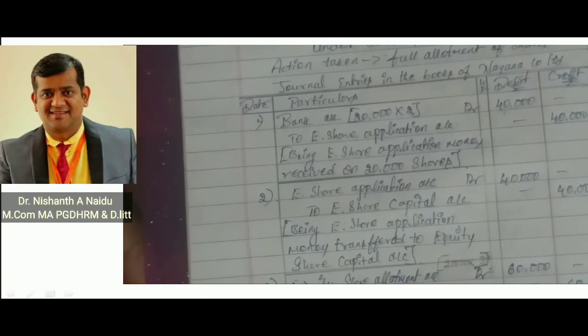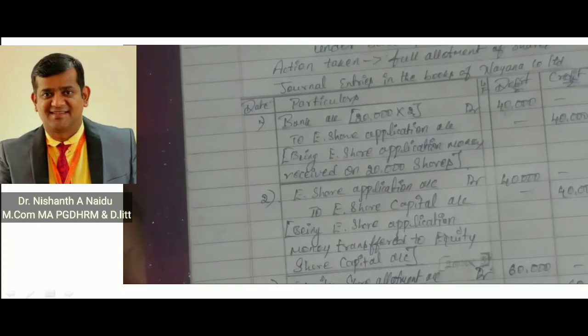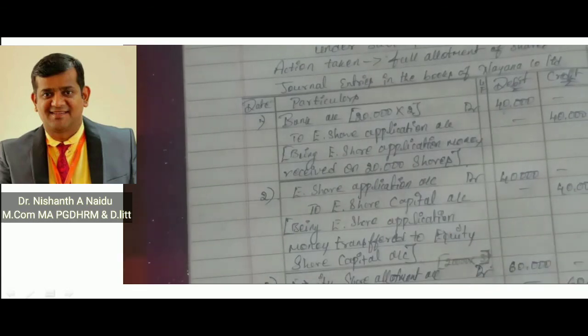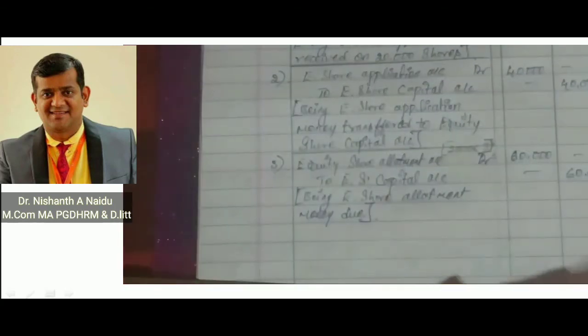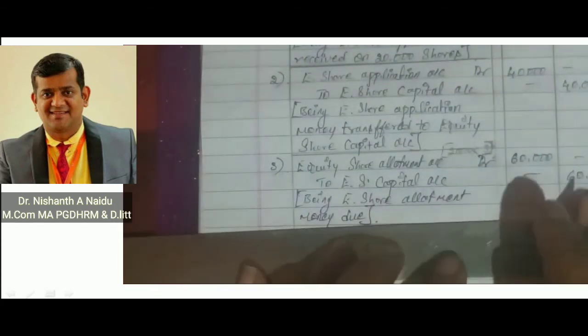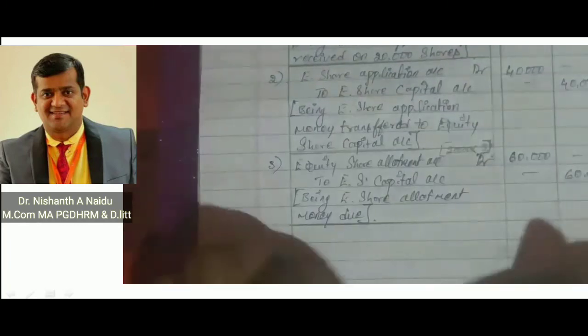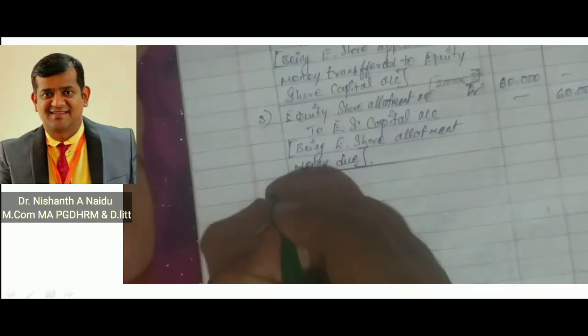60,000, being equity share allotment money due. So closing the entry. The fourth entry is going to be the receive entry again.